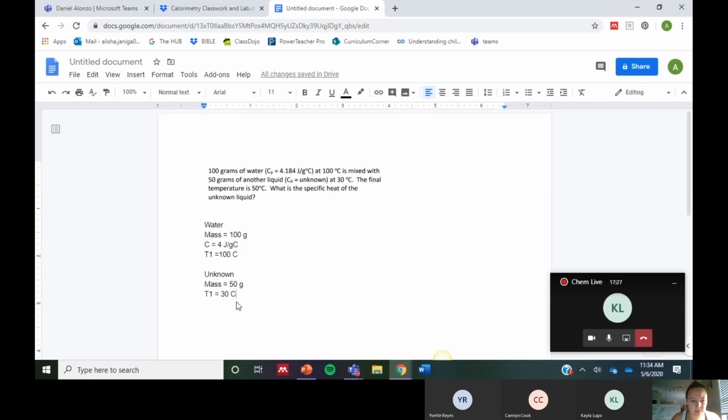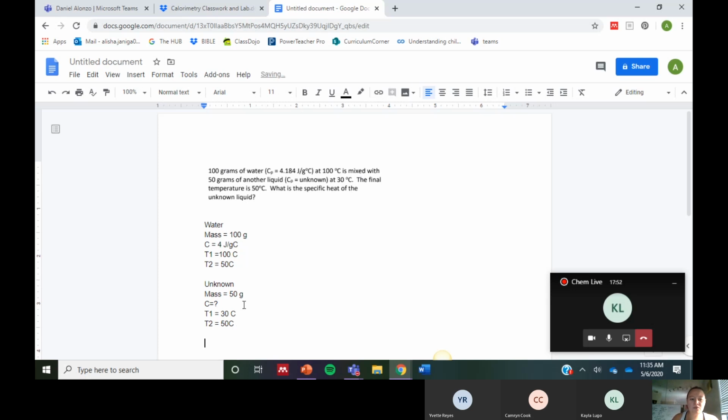We don't know C. And it starts off at 30. Then it tells us the final temperature is 50 degrees C. And so both of them have 50 C as T2, because that's the final temperature.